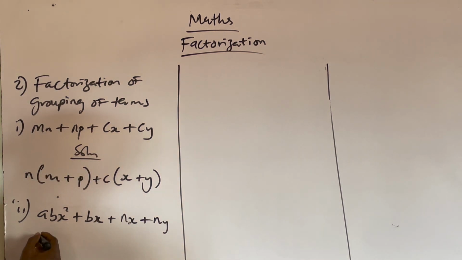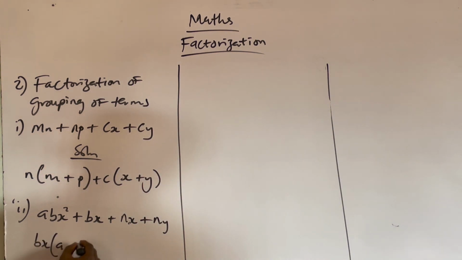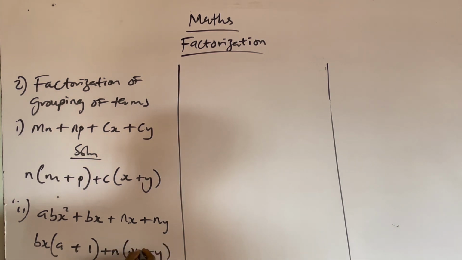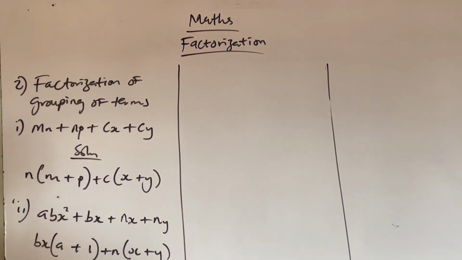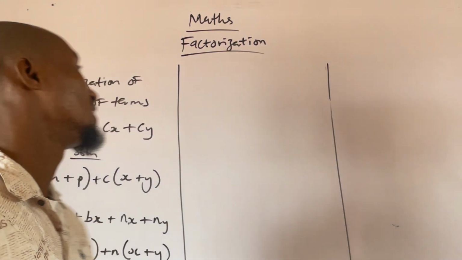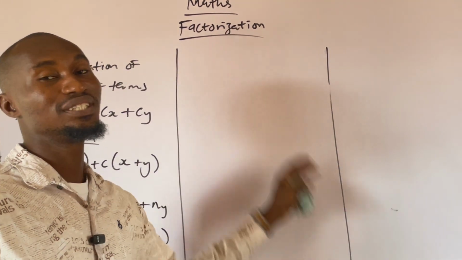Common factor here is going to be bx into bracket a plus 1 here plus n into bracket x plus y. This is factorization by grouping of terms. You get? So the next one is factorization by quadratic expression.